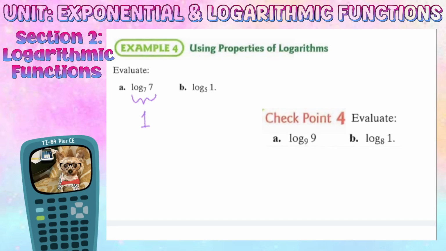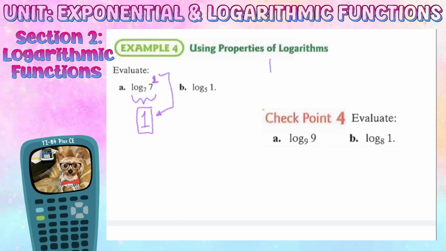This even ties back to my introduction of the entire section, example 0, where the logarithm is the inverse of an exponential, and it undoes an existing operation. So really this is 7 to the first power, and it's this power that ends up being the answer to the question. So log base 7 of 7 is going to equal 1.